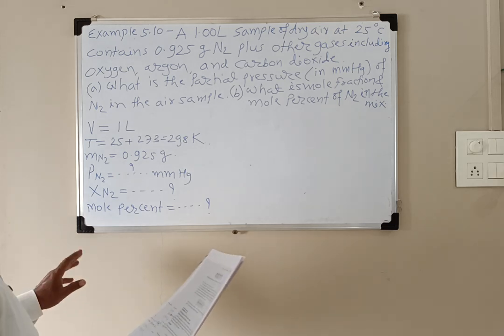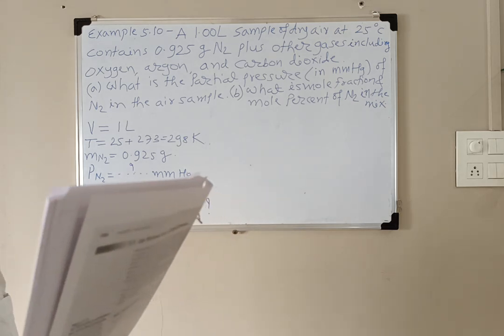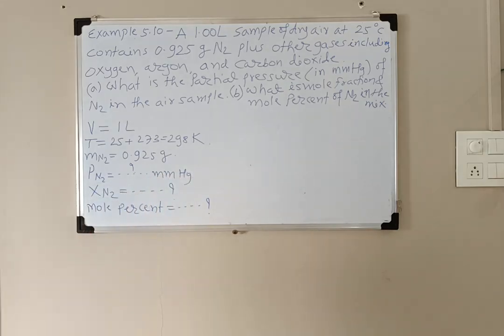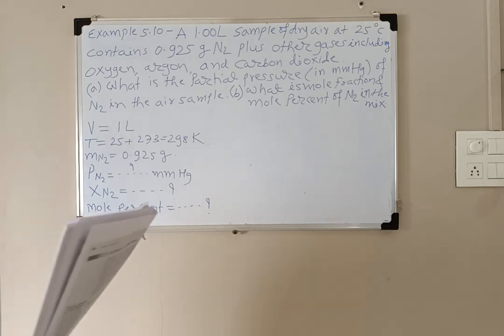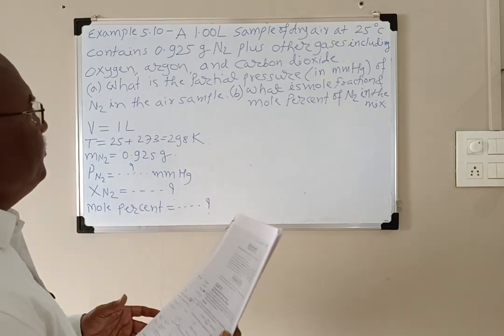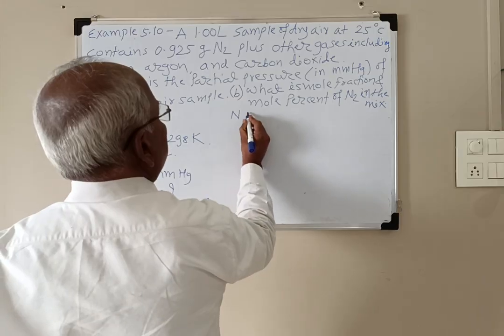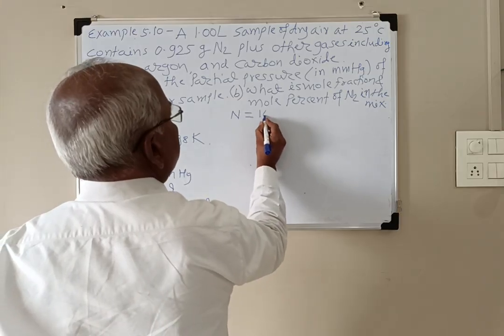Now I calculate first the moles of N2. How will you calculate moles of N2? The atomic weight of nitrogen is 14.